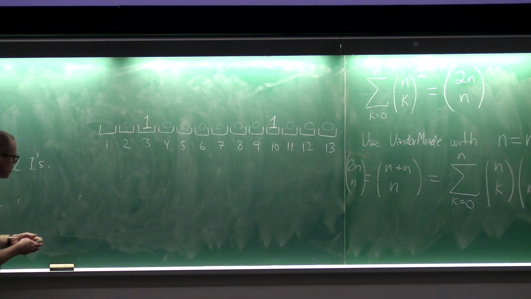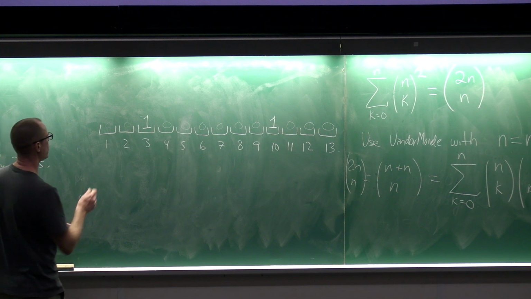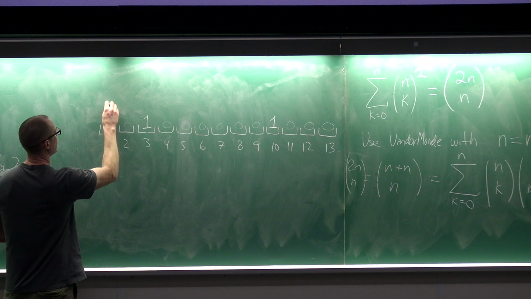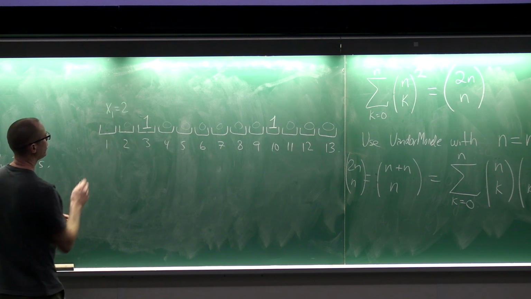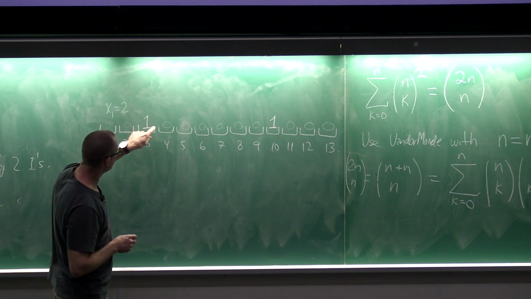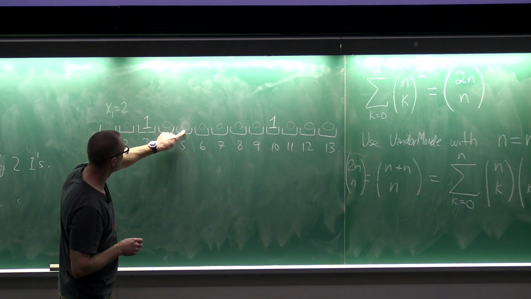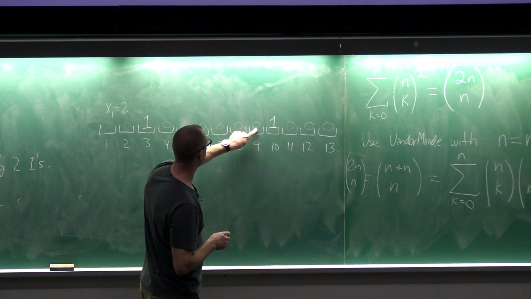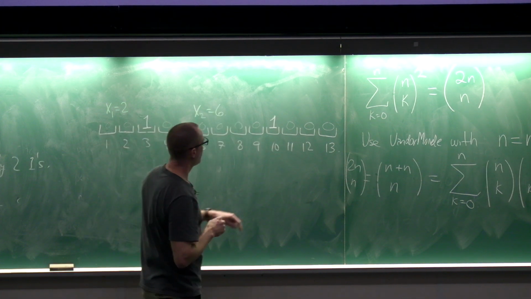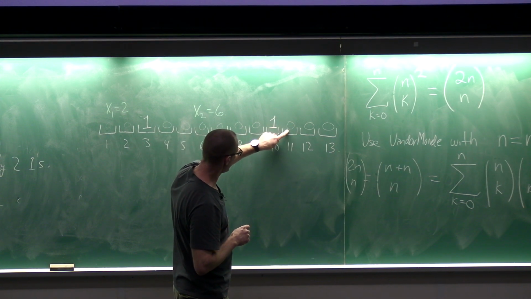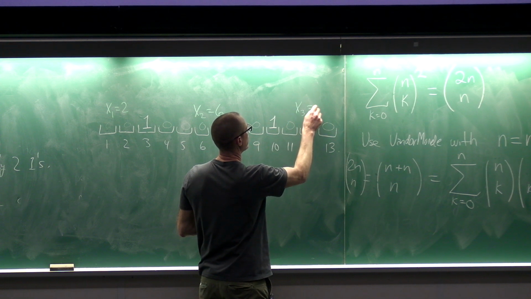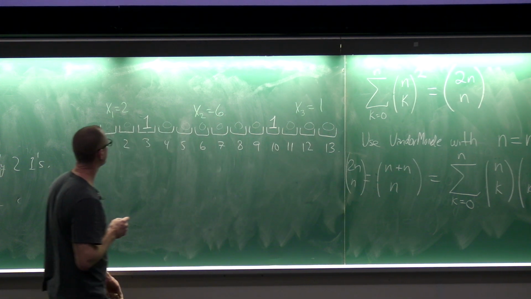So before the first one, there's 2 zeros, so x1 is 2. Between the first and second one, there's 1, 2, 3, 4, 5, 6 zeros, so x2 is 6. And after the second one, there's 1, 2, 3 of these things, so x3 is 1.